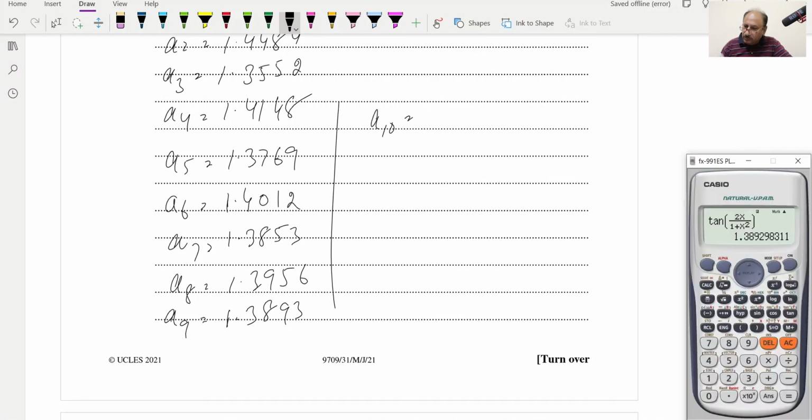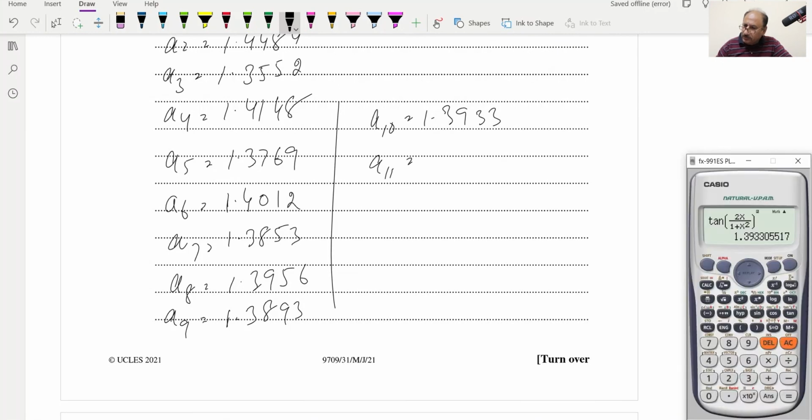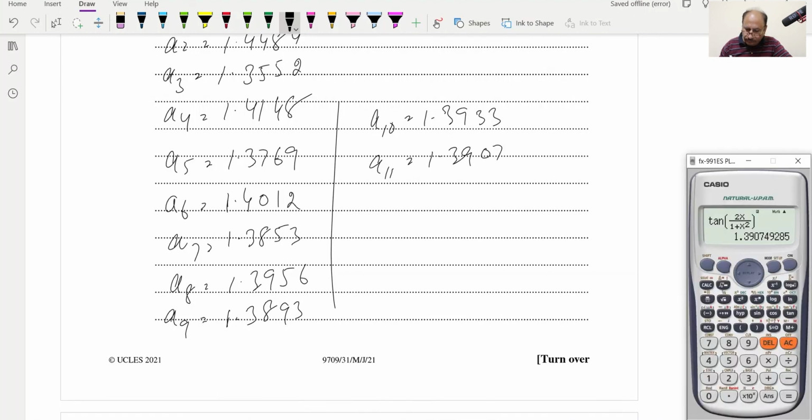A10 will be 1.3933, and a11 will be 1.3907.